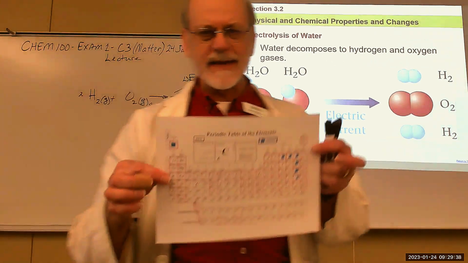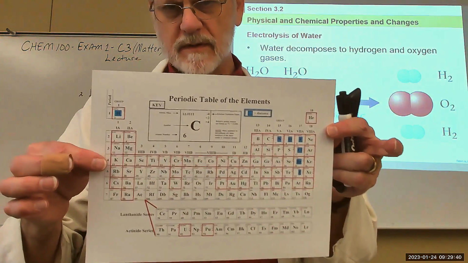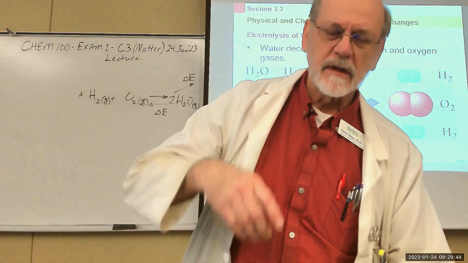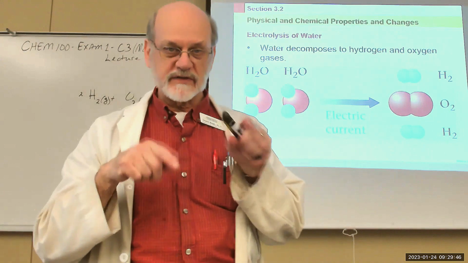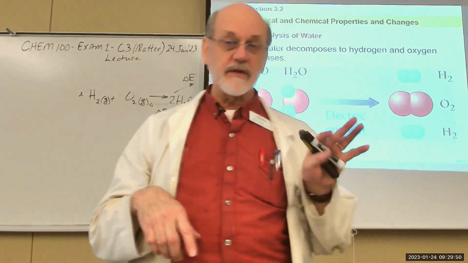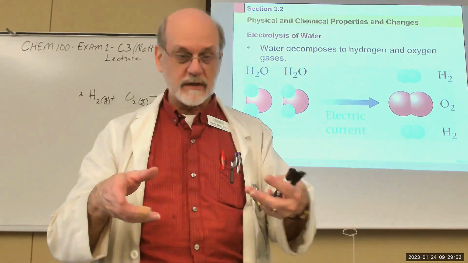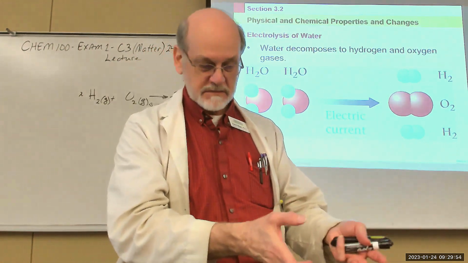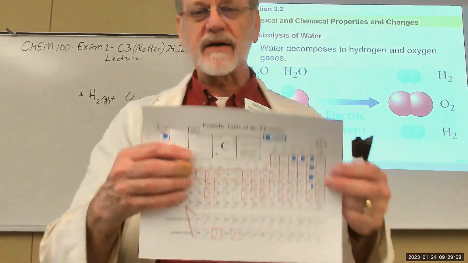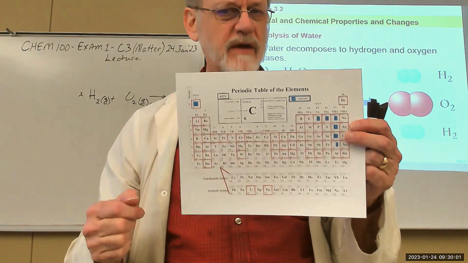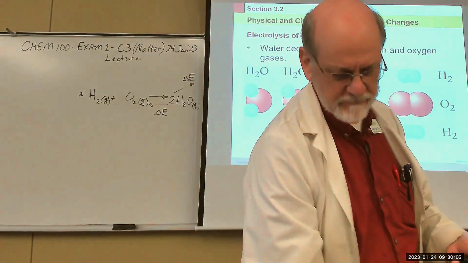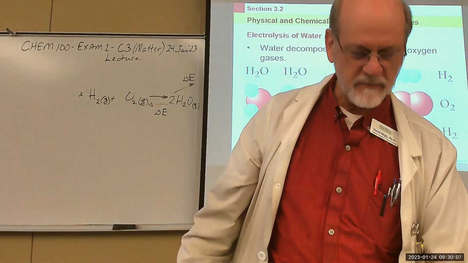So this periodic table right here is available under the module for exam 2. But if you want to get started memorizing those symbols, that's okay. You can go in and get that periodic table, and the ones that are marked in red boxes, only the ones marked in red boxes, are the ones I want you to learn. You can make flashcards, and it should come fairly quickly.